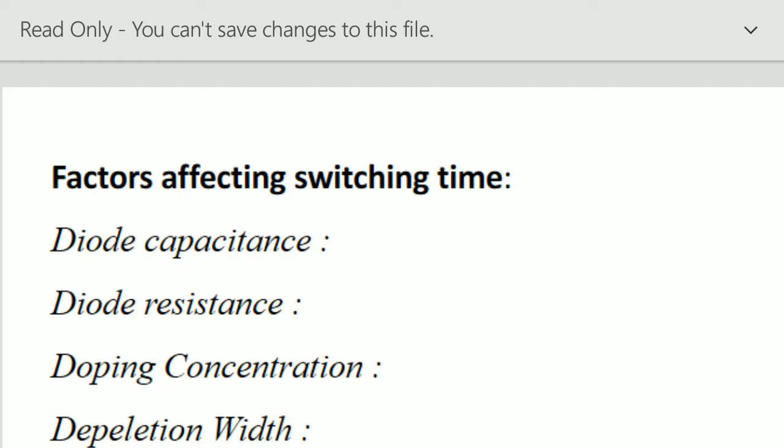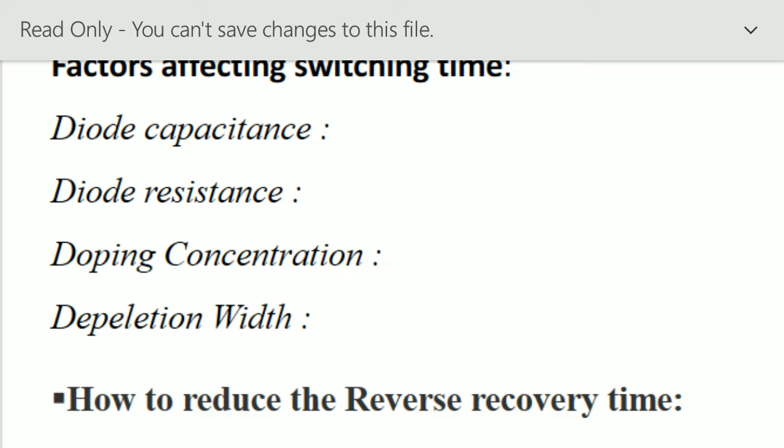Next is diode resistance: more diode resistance means more switching time. Then doping concentration: adding impurities also affects the switching time, based on the material used. Next is depletion width: in the depletion region a negative potential is developed, and based on that potential the switching time also varies.